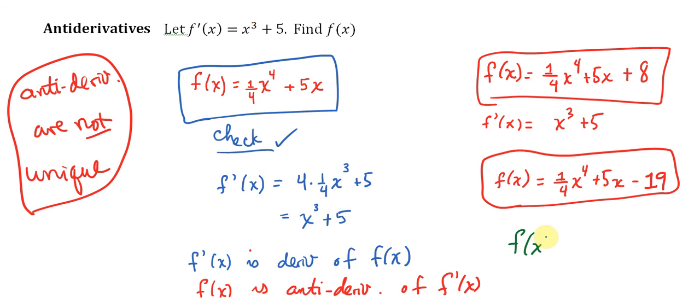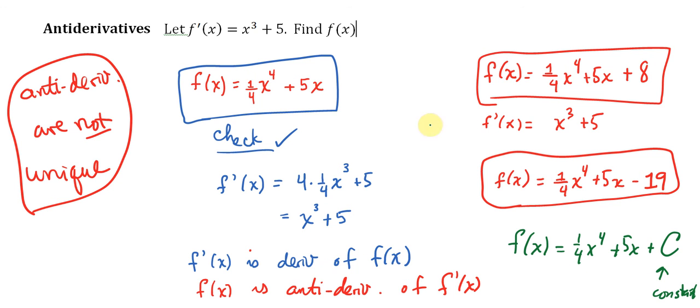So f of x equals 1/4 x to the fourth plus 5x plus, and I'll use a capital C here, and this is any constant. Okay, so any real number will work here.